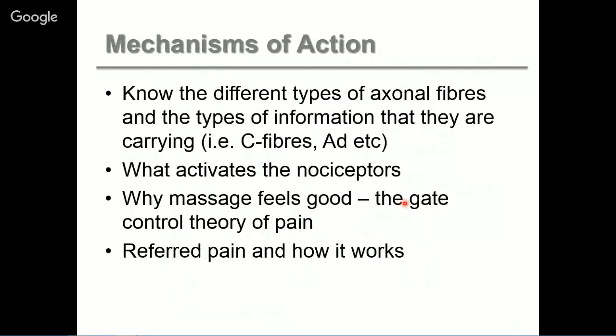Again, the other things that I need you to make sure that you know is that you should know the different types of axonal fibers, just as a sort of base, that you should make sure that you know all about the C fibers, the A delta. And I actually put A delta up here this way for a particular reason. If you see AD and it's not A delta on the test, you should just assume that it's A delta.